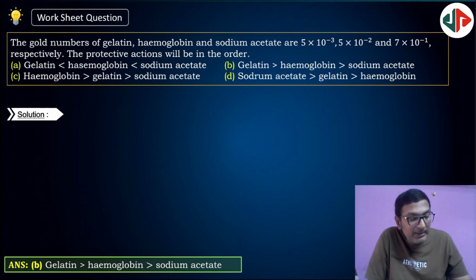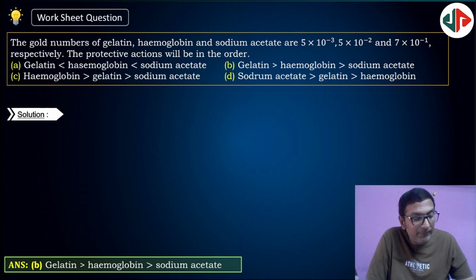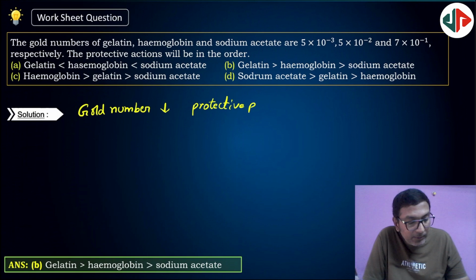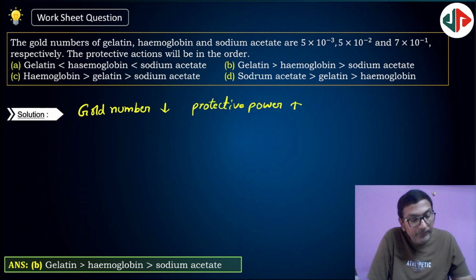Next. The gold numbers of gelatin, hemoglobin and sodium acetate are given as 5 into 10 power minus 3, 5 into 10 power minus 2, 7 into 10 power minus 1. Protective power. So as the gold number decreases, protective power increases.